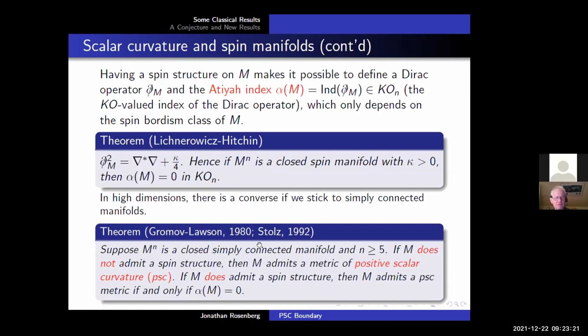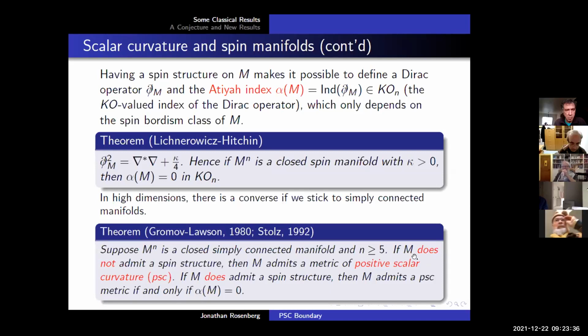So suppose you have a closed, simply connected manifold of dimension greater than or equal to 5. This dimension restriction, by the way, is essential because funny things happen in dimension 4. If M does not admit a spin structure, then M admits a metric of positive scalar curvature.